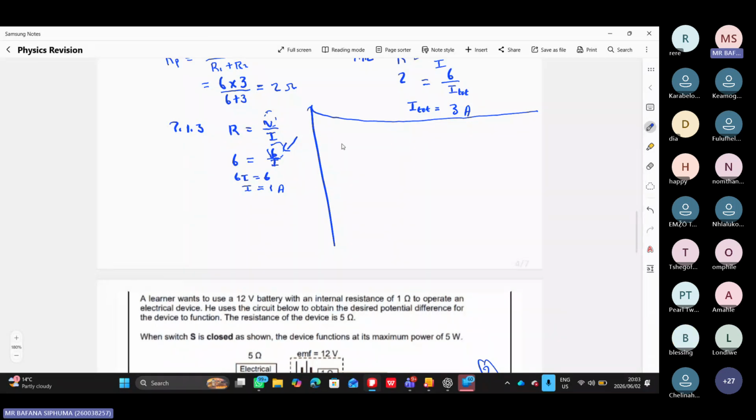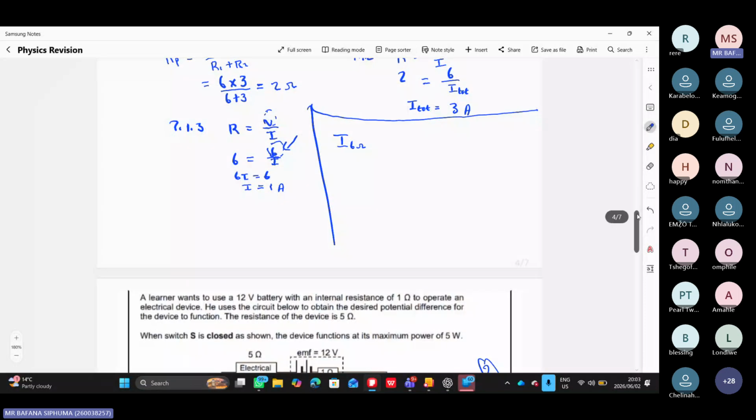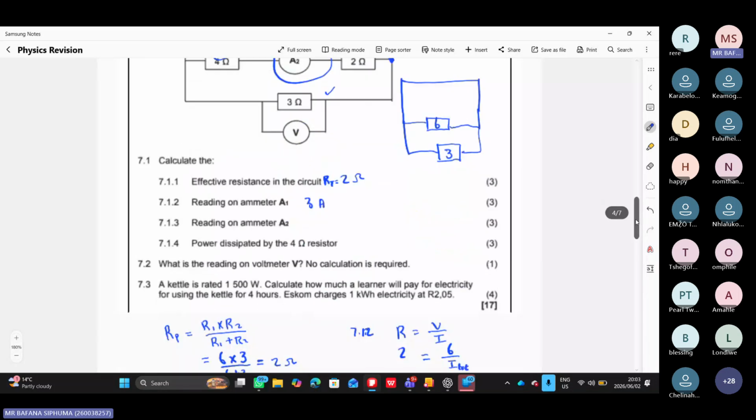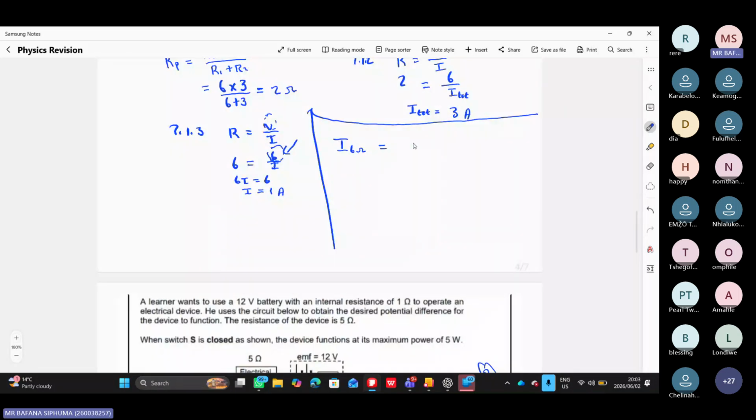You come and see the current at that 6 ohm. You are looking for the current at 6 ohms. You write current at 6 ohm, then you write a line like that. Then here you will say, this is the current of the branch I don't want.